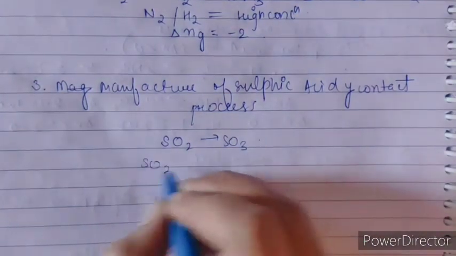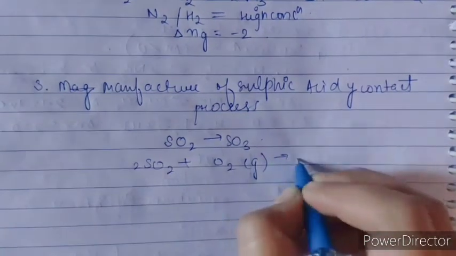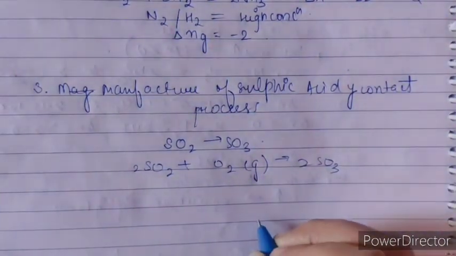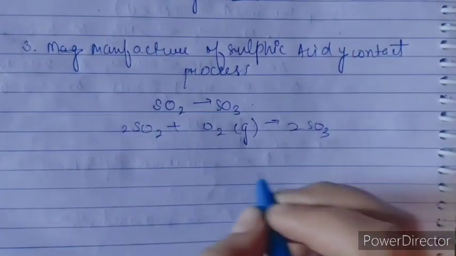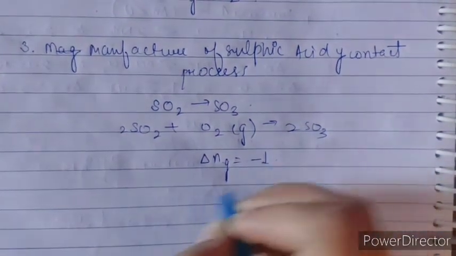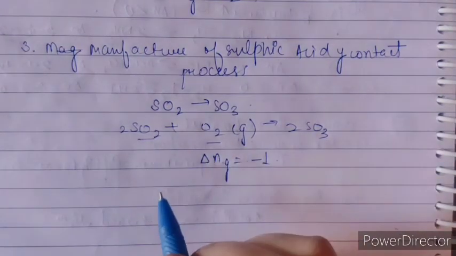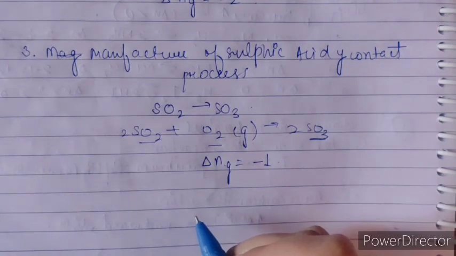SO2 reacts with oxygen to give 2 moles of SO3. The favorable conditions for this process are high pressure, as delta n g is equal to minus 1, high concentration of SO2 and O2, low concentration of SO3, and the last one is low temperature, as the reaction is exothermic. So these are some applications of Le Chatelier principle.